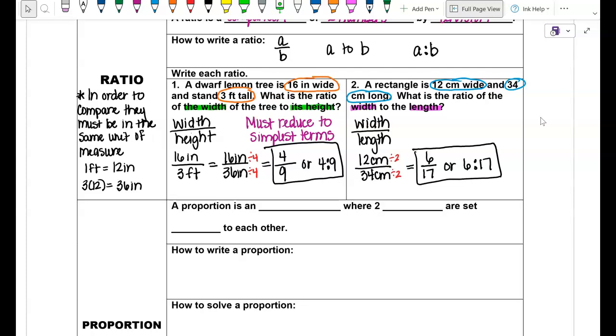So we've talked about a ratio, so now let's talk about what is a proportion. A proportion is an equation where two ratios are set equal to each other.